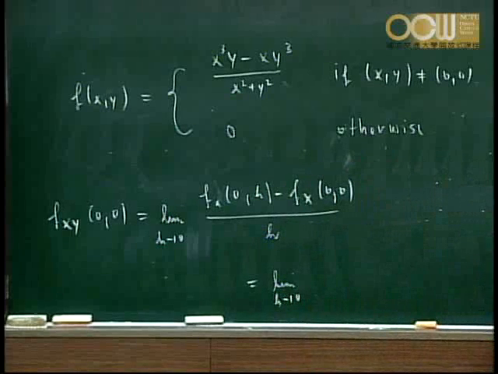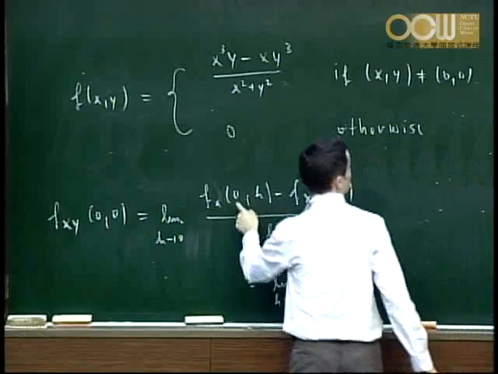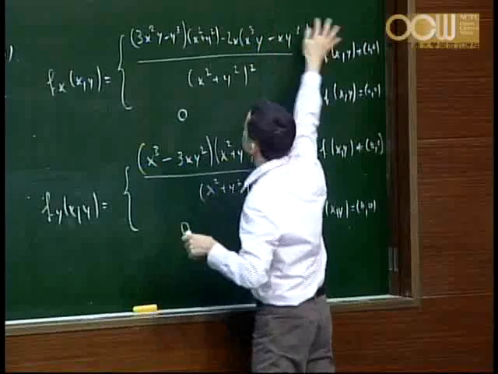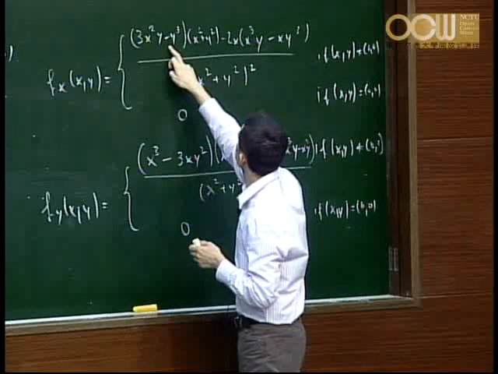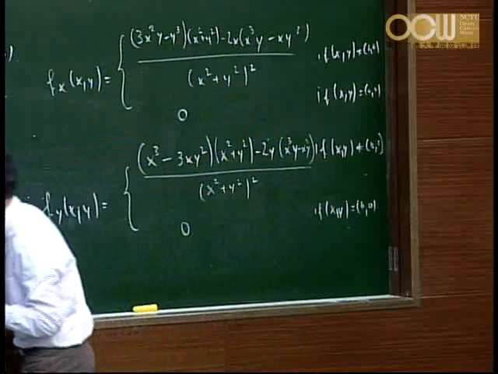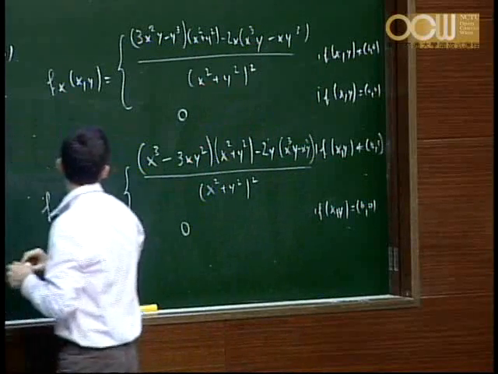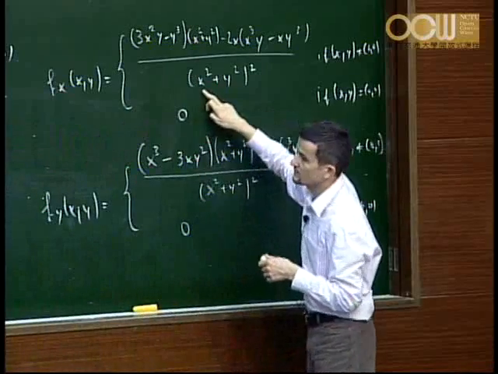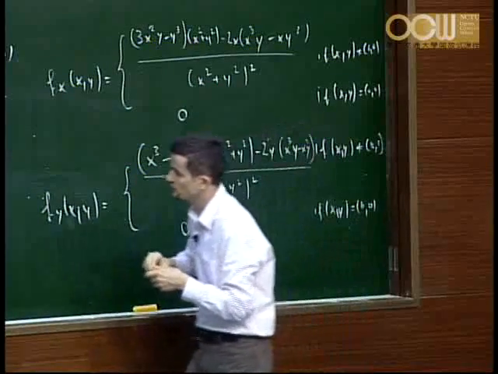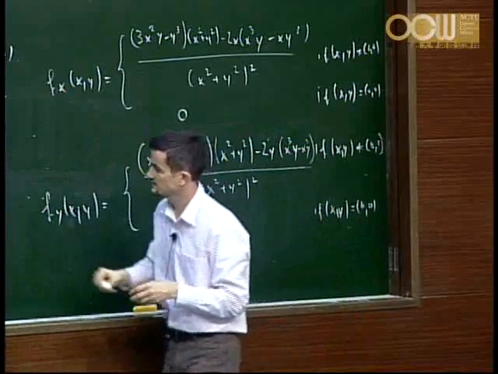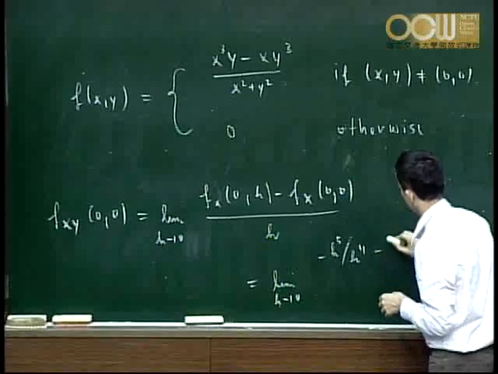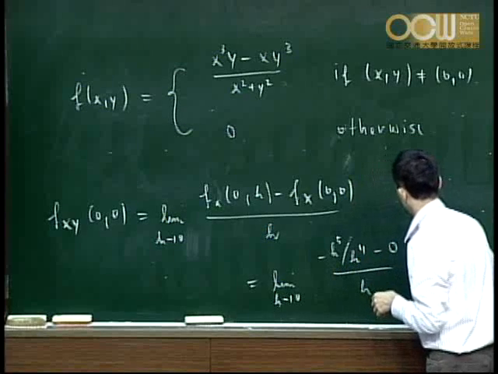We can forget about this expression here. This is 0. So we have minus h to the fifth, and here we have x is equal to 0, so we have h to the fourth, minus 0, over h. You see, minus 1.